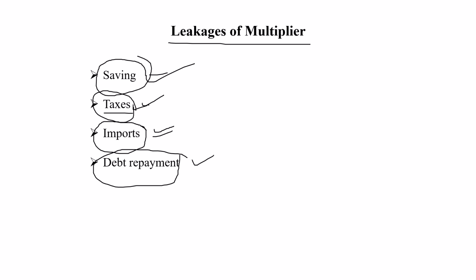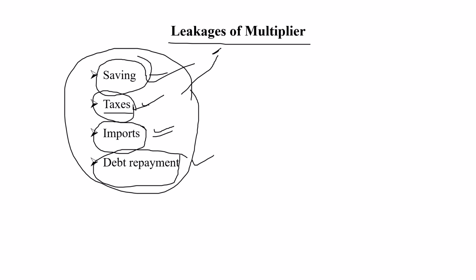Then there is no consumption, and it won't create income for other people. Then, directly or indirectly, it will reduce the multiplier effect, or influence the leakage of multiplier. So these are the main factors that influence the leakage of multiplier.